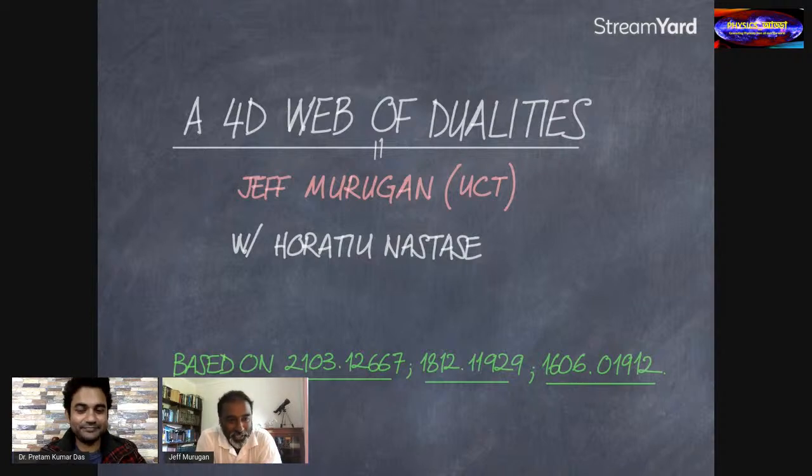where you're working from home. So I want to talk today about some work that we've been doing for many years now, and it's resulted in the latest work, which we call the four-dimensional duality web.